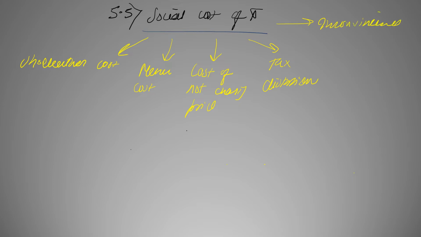Let's start with shoe leather cost. If inflation increases, your nominal interest rate will increase. Why? Because in order to decrease money demand, the government will want people to deposit their money, and the only way to attract them to deposit money is by increasing the nominal interest rate. So as the nominal interest rate increases, your money demand will decrease.